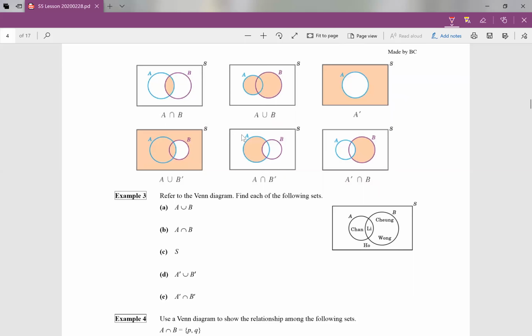This one, A intersect B prime. A intersect B prime. A prime intersect B.